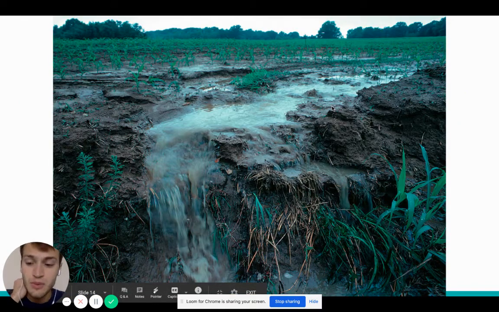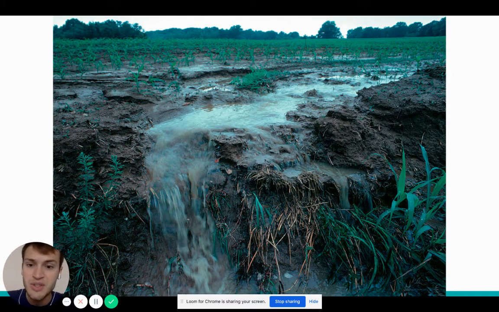So remember when we talked about runoff 2 or 3 classes ago, we talked about agricultural runoff. So that's when it rains on a field, the water picks up soil, fertilizer, manure, pesticides, and it carries all of that stuff to the nearest river. And so what happens is this water is going to pick up fertilizer and manure.